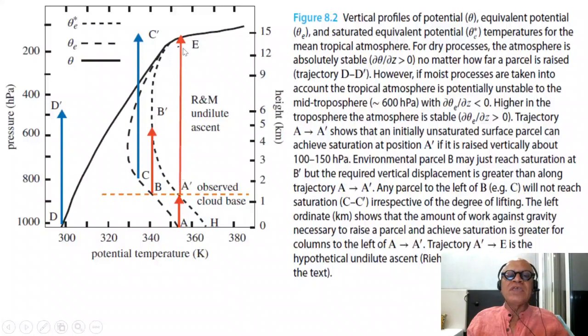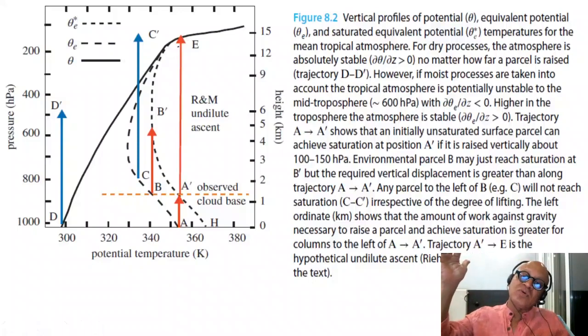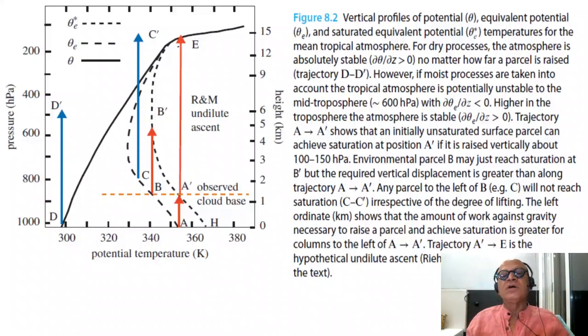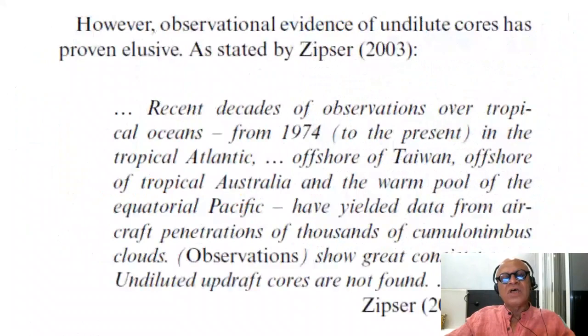So if you want to rise all the way to E and completely dry out the moisture and reach the potential temperature here, obviously at high altitudes there is no humidity, so air parcels do lose their humidity, but that cannot happen unless you have undilute ascent. Okay, then over time it became clear that there are no such undilute plumes to be observed.